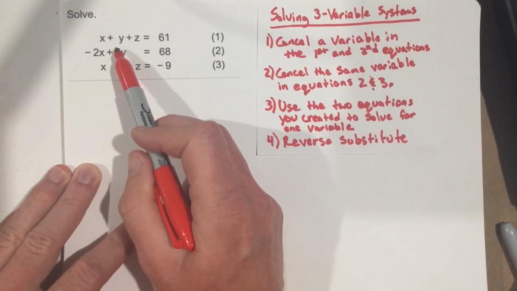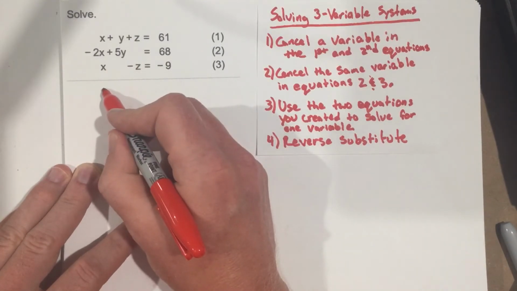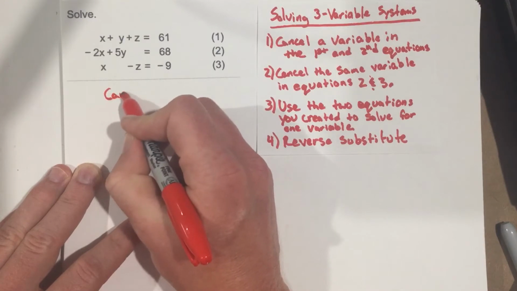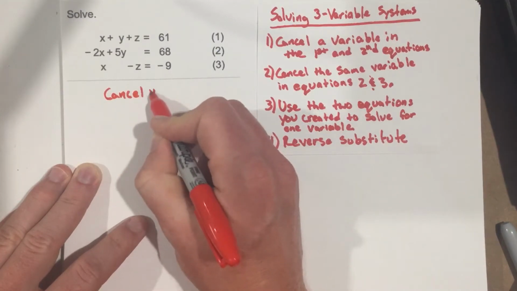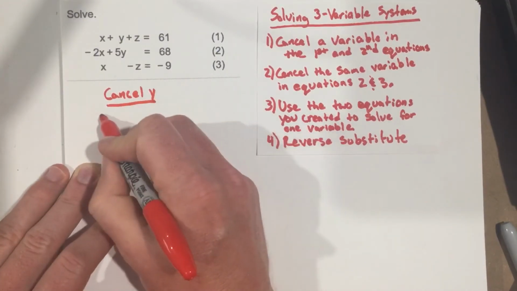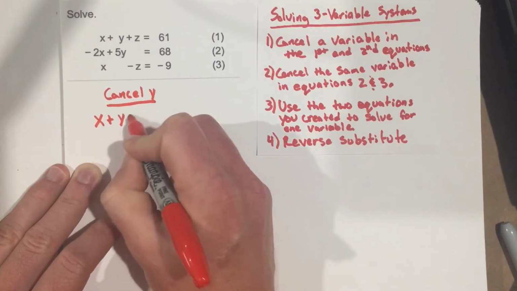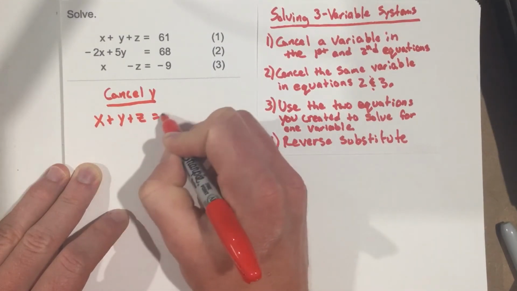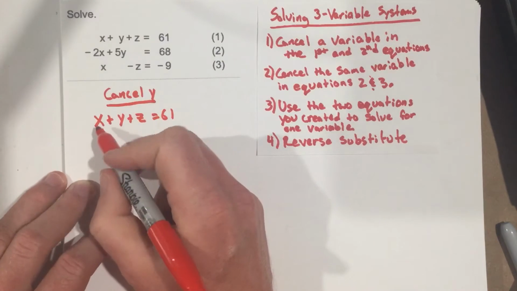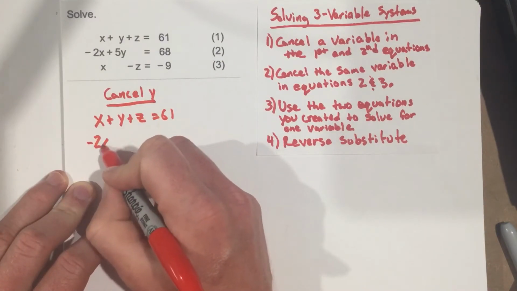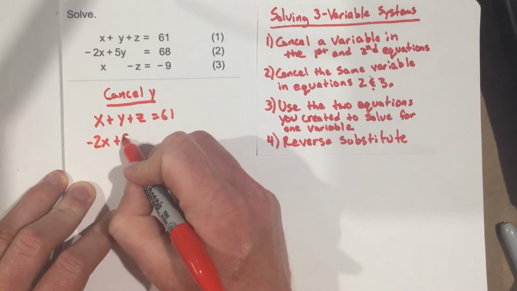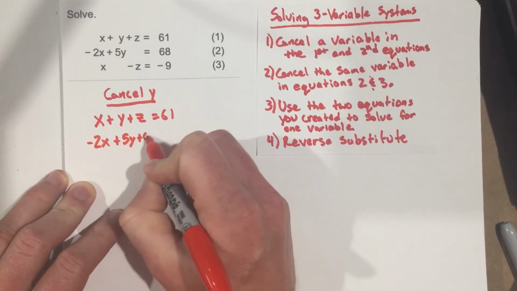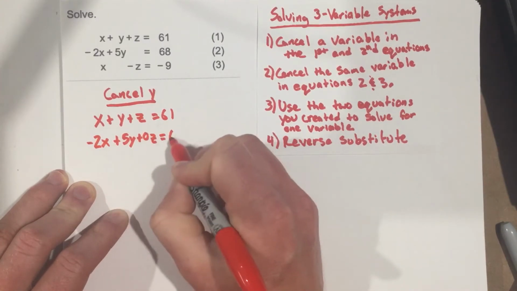So I'm going to take x plus y plus z equals 61, and I'm going to take negative 2x plus 5y plus 0z equals 68.